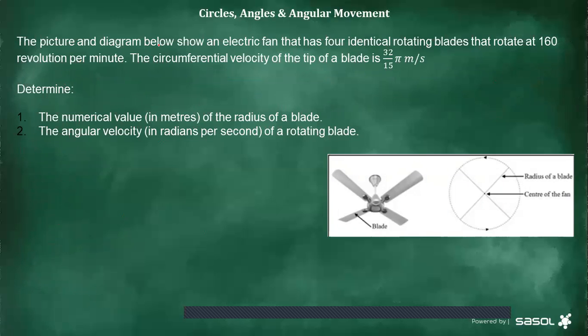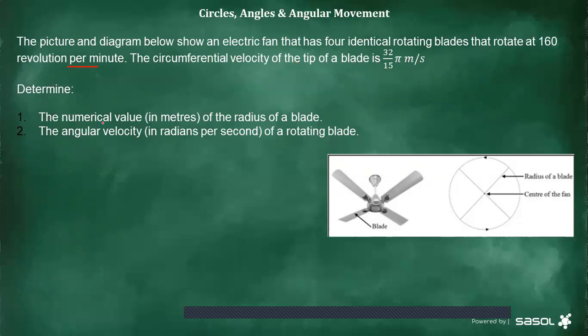The picture and the diagram below show an electric fan that has 4 identical rotating blades that rotate at 160 revolutions per minute. Circumferential velocity of the tip of the blade is 32/15 pi meters per second.